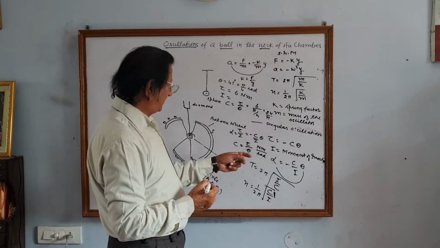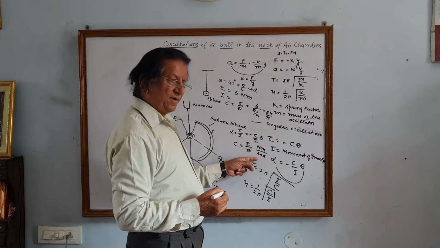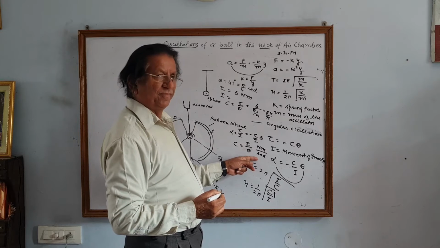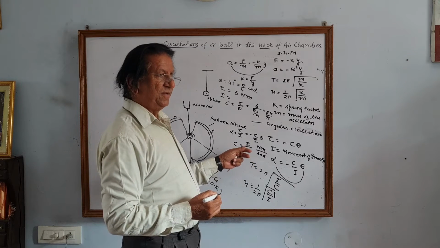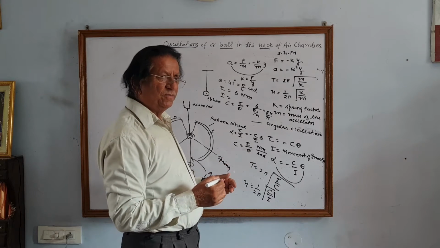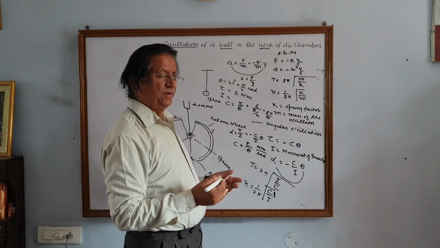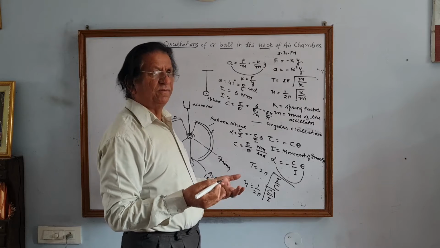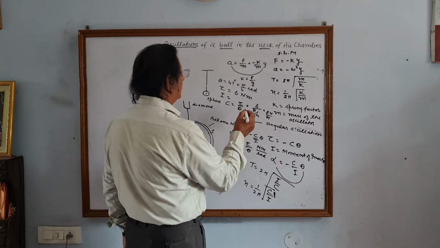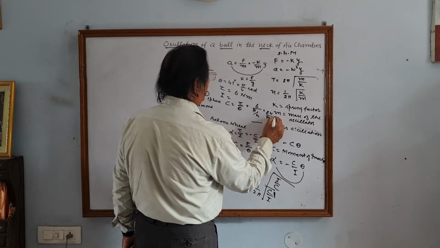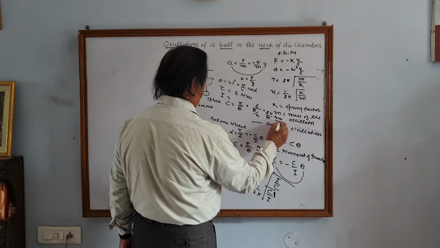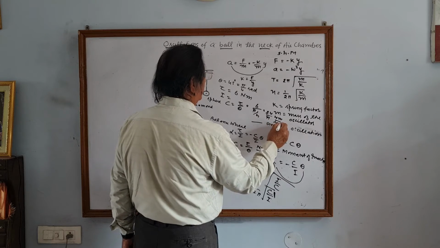And what is the unit of C? Newton meter per radian. If any physical quantity has a dimension, you must mention the unit. You can put 3.14 or 22/7 for π. So you now know its unit, newton meter per radian.